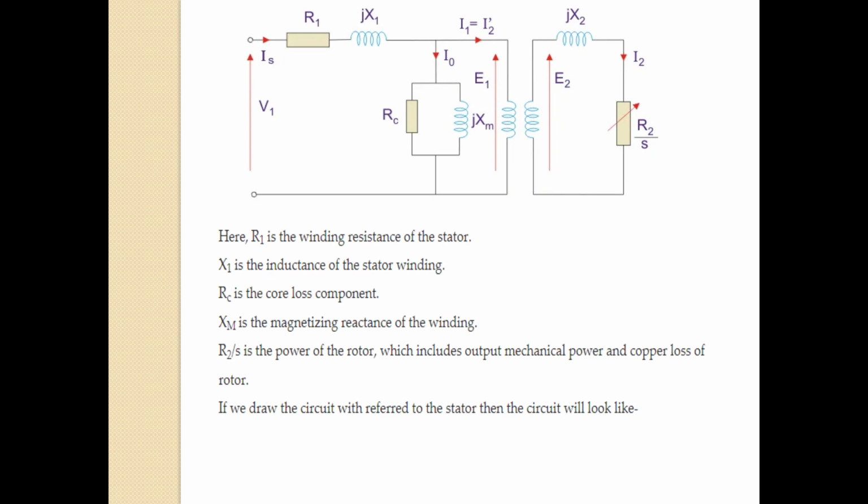When the induction motor operates under no load condition, it draws some current from the supply. It produces flux with components IW and I mu, so that the total no-load current I naught is equal to IW plus I mu.